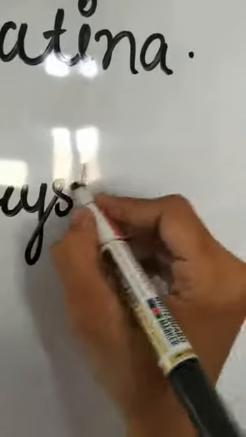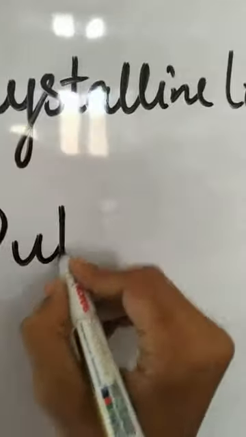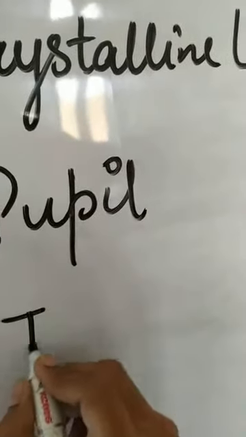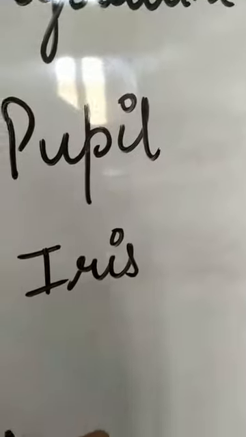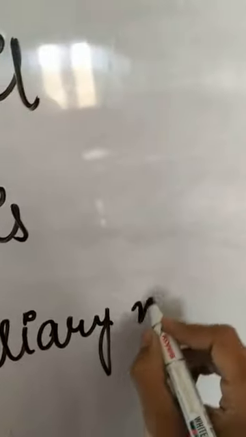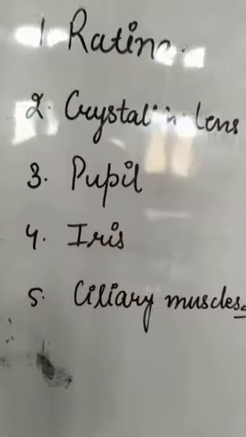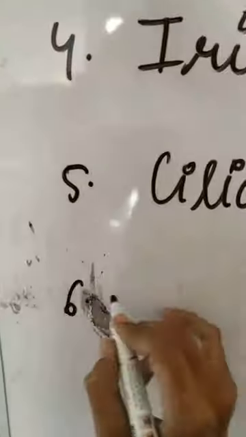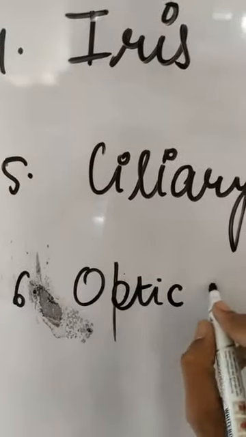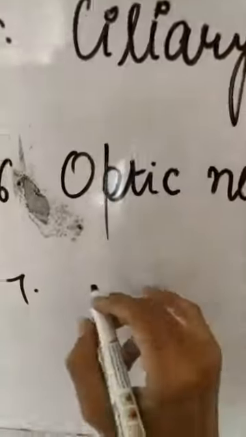like retina, crystalline lens, pupil, iris, ciliary muscles, optic nerve, and cornea.